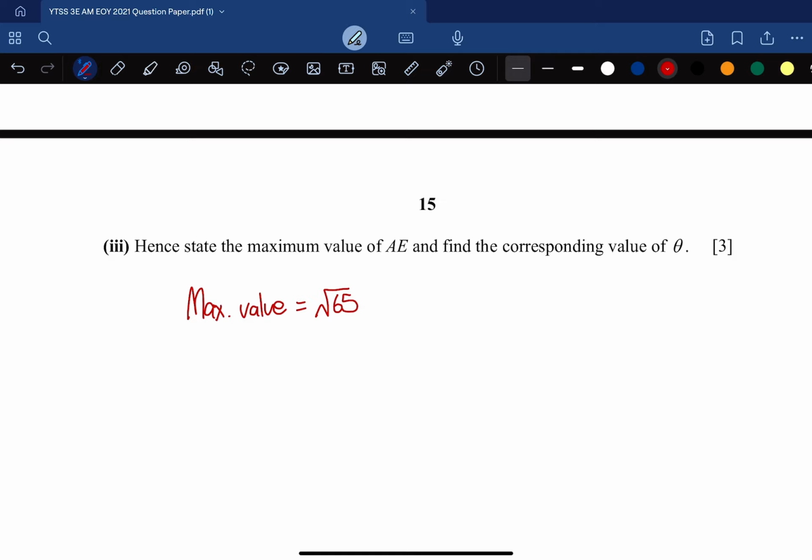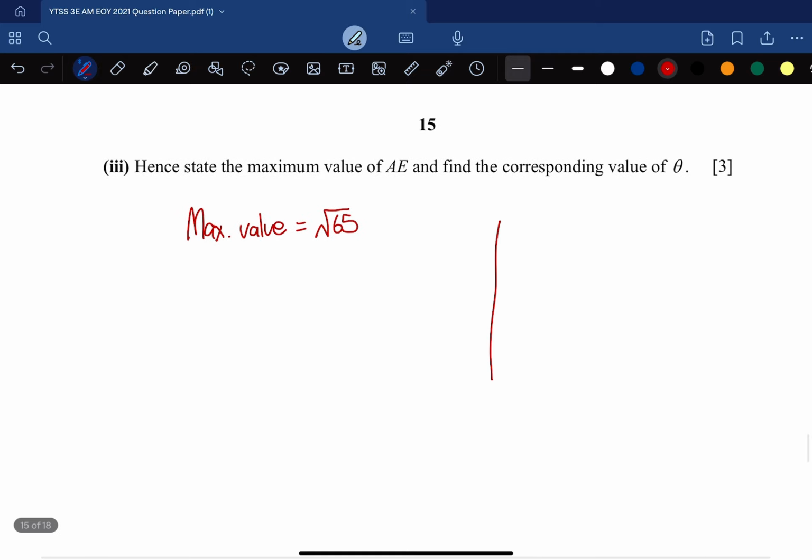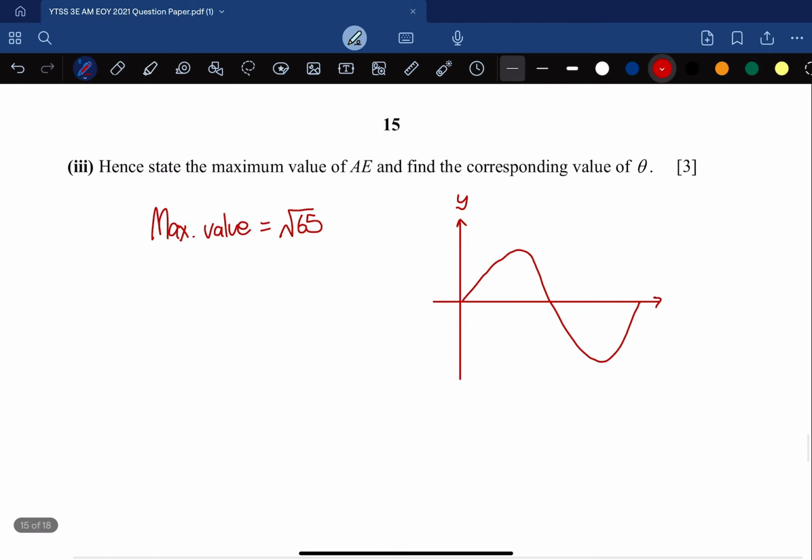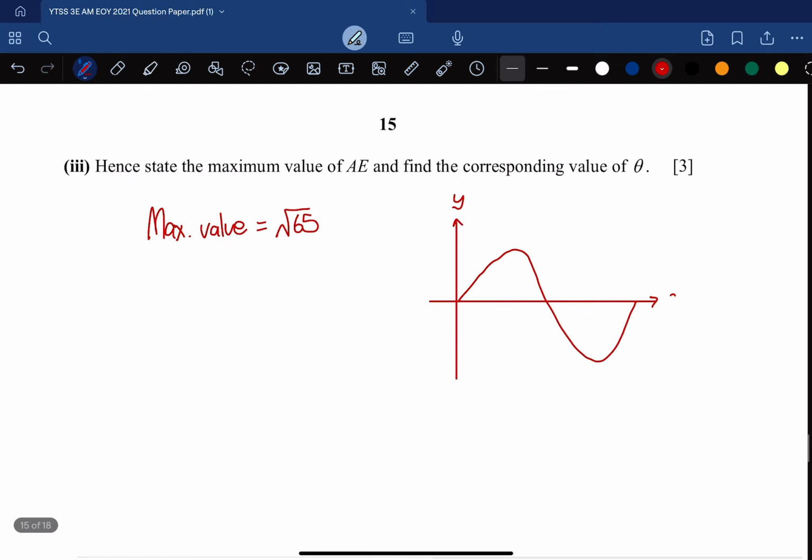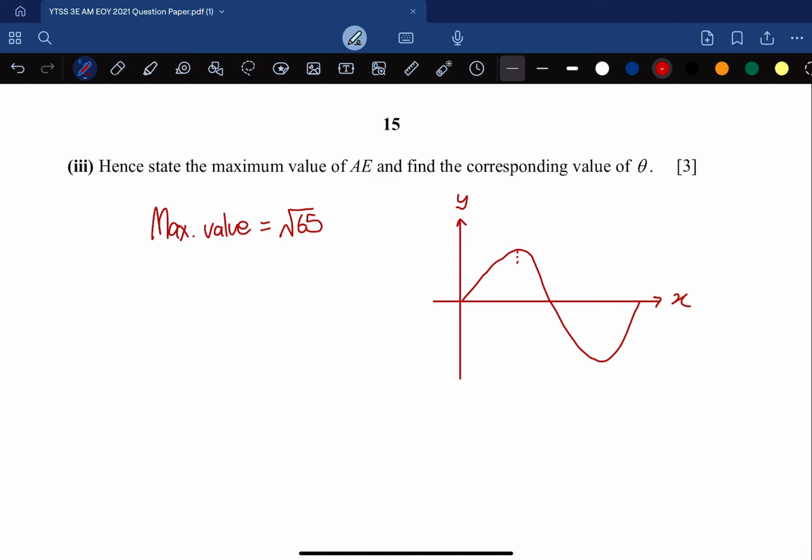And this happens, if you recall your sine graph, at the corresponding value of theta. In your sine graph, your shape looks like this, and this is your x-axis. So therefore, your sine graph, the maximum value occurs at 90 degrees.